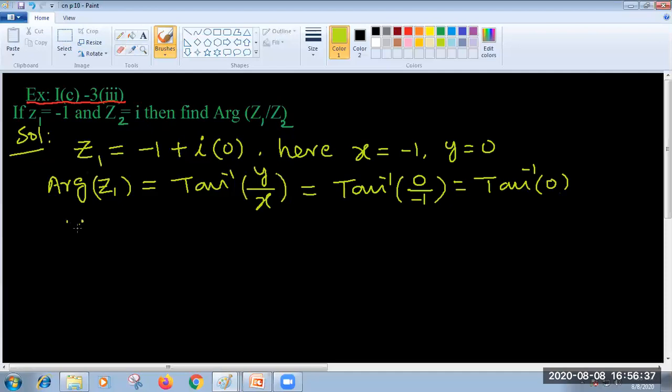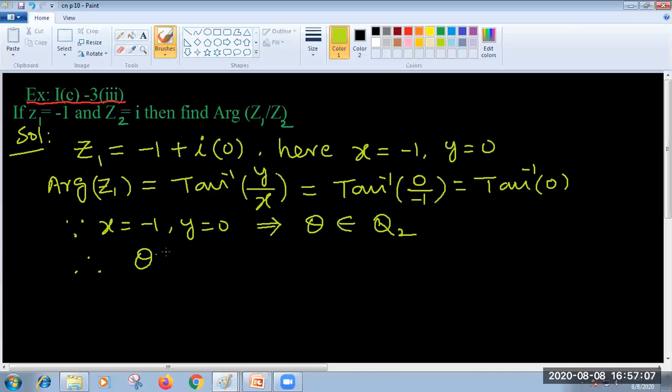So since the x value is minus 1 and y value is 0, this implies theta belongs to the second quadrant. So we have to find the angle such that it belongs to the second. So tan 0 is 0, but you cannot take 0.